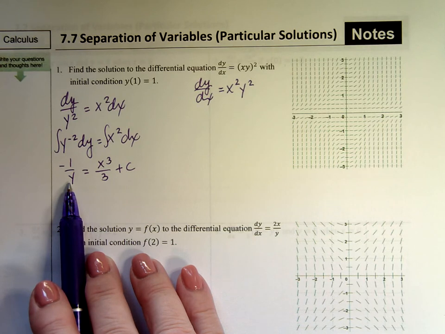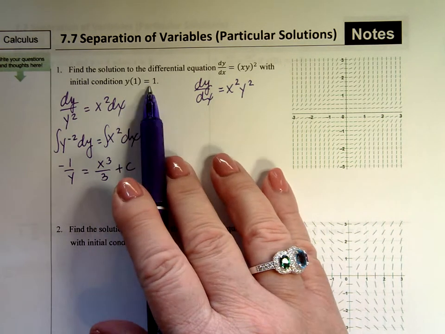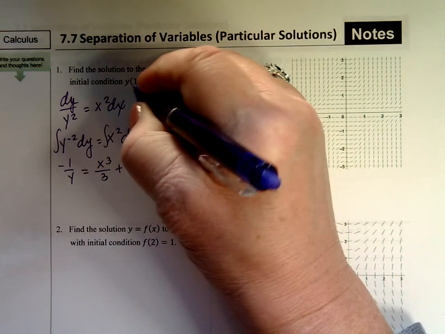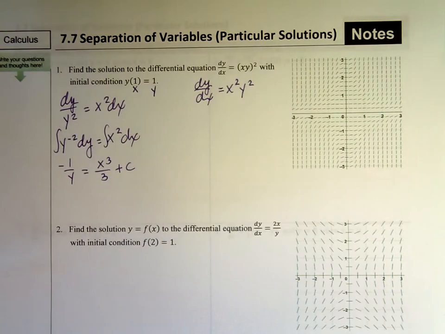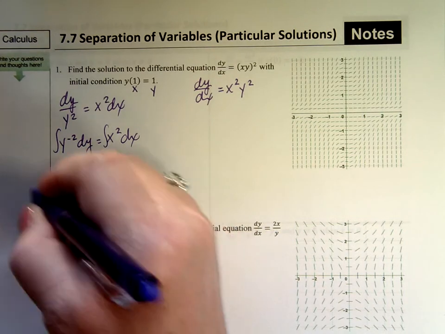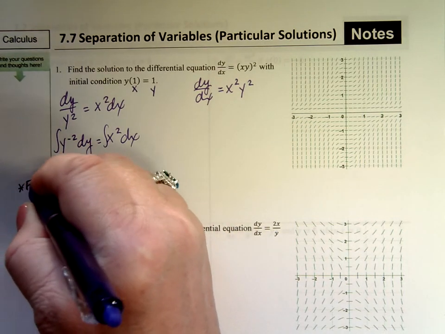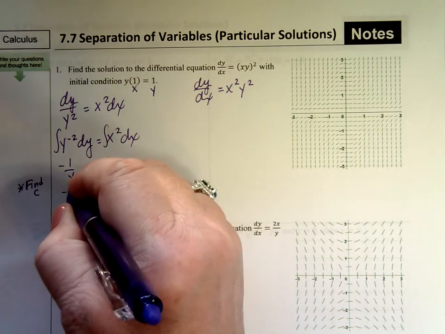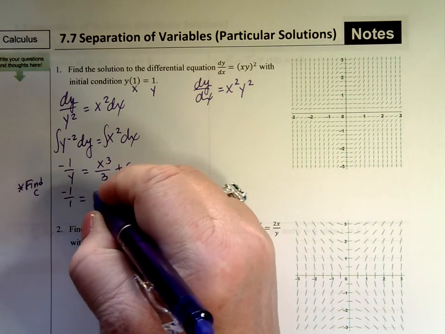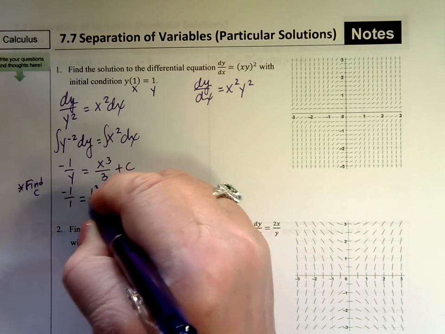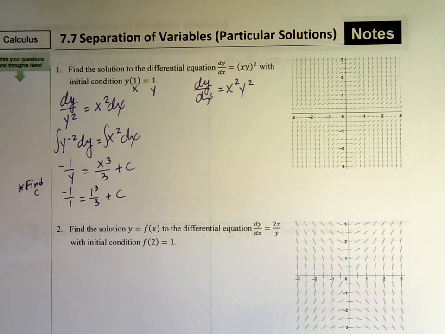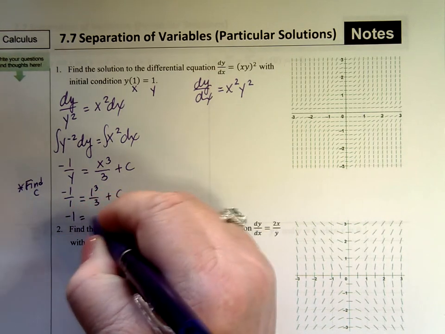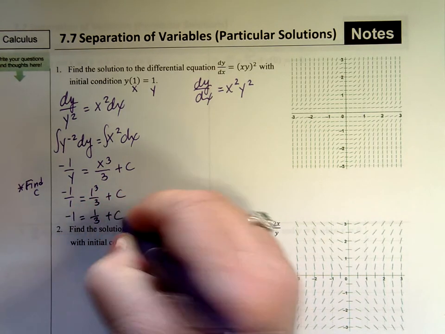So let's try that. This point right here tells me that the x is 1 and the y is 1. So if I replace them, that's going to be this. Now what I'm trying to do here is find c. All right, that's what I'm working on. So I have negative 1 over y, which is 1, equals 1 cubed over 3 plus c. Or negative 1 equals 1/3 plus c.